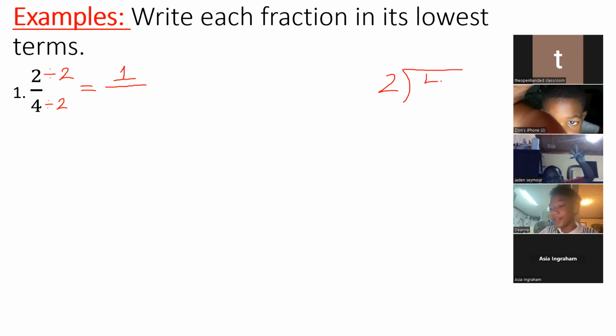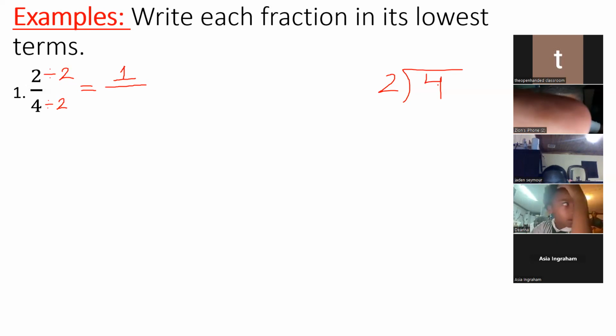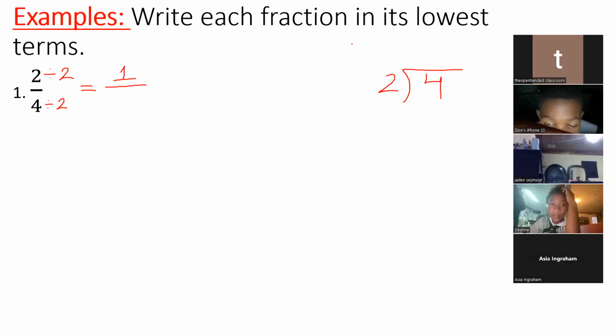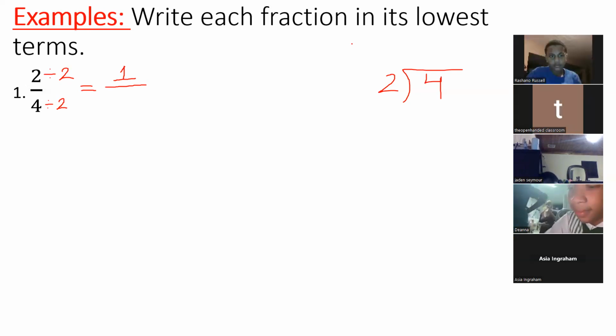Asia, how many times can 2 go into 4? Not you, Jaden. You don't know, Asia? I don't know.